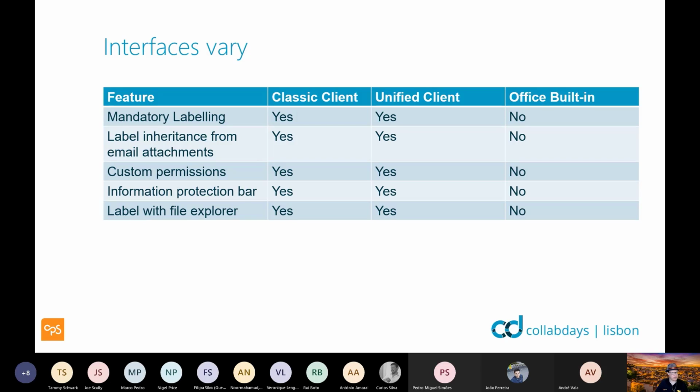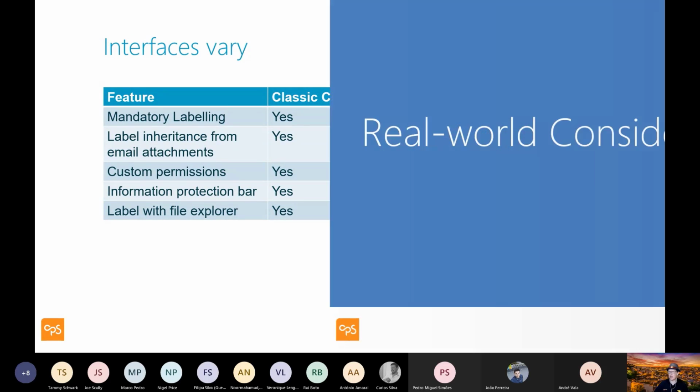So it's a very powerful tool to keep it front and center for users to be able to see the labeling. And then the label with File Explorer is useful if you just need to label things that are on your machine. Most of the organizations I work with don't actually use that very often, but it is quite a useful tool.